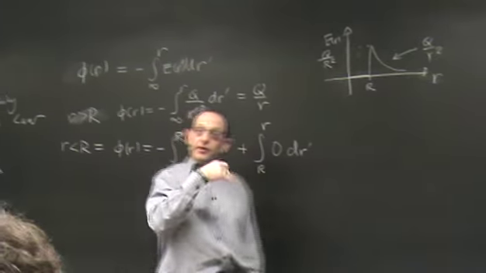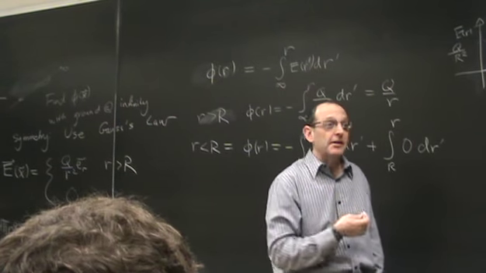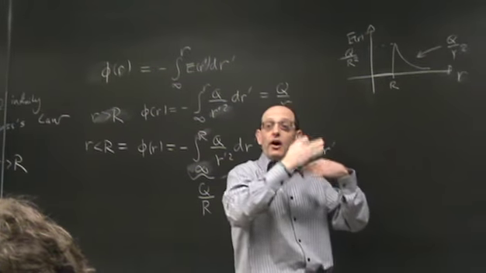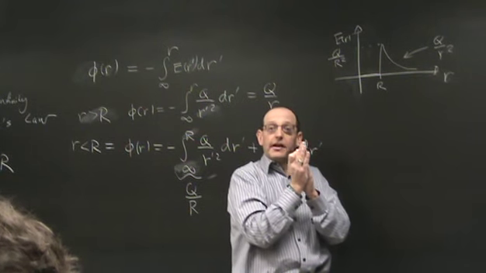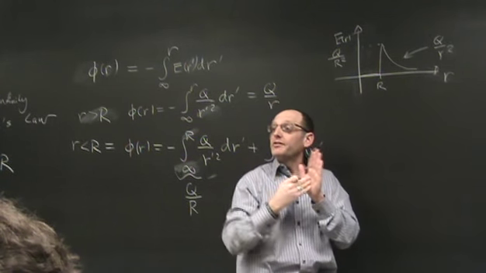And that discontinuity is associated with the fact that there's surface charge density at that radius. And so, as you're seeing in your homework, you're reminding yourselves of this in problem 3 of the assignment this week. If I have charge that is concentrated onto a surface, then the electric field is discontinuous across that surface.